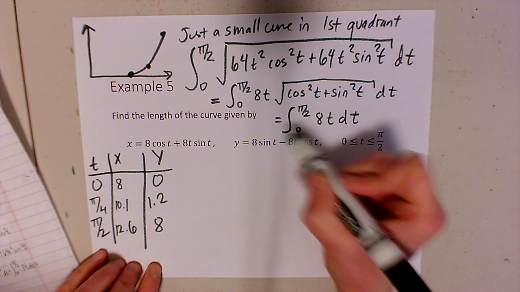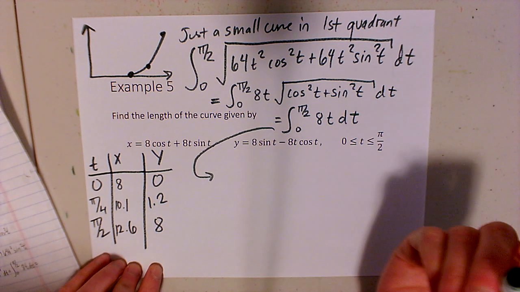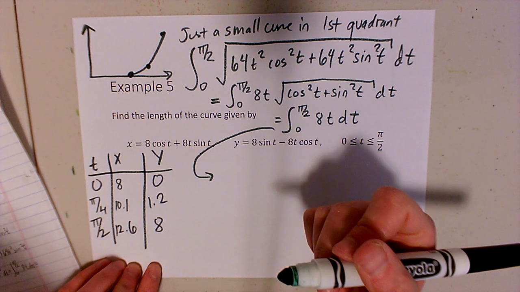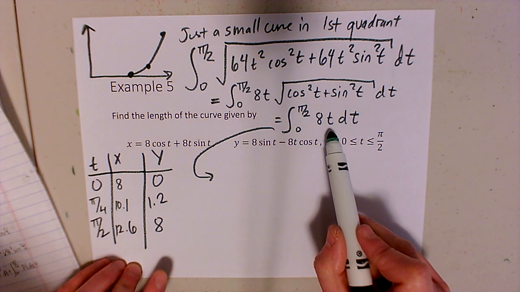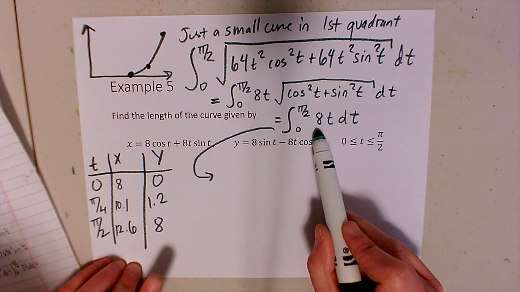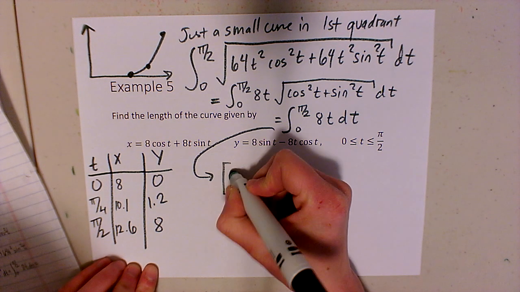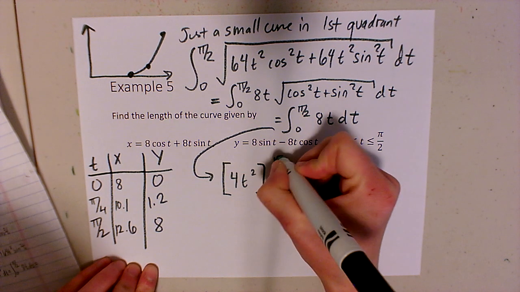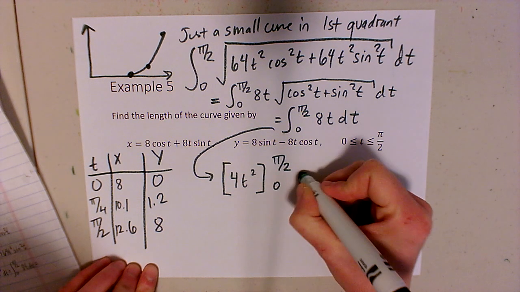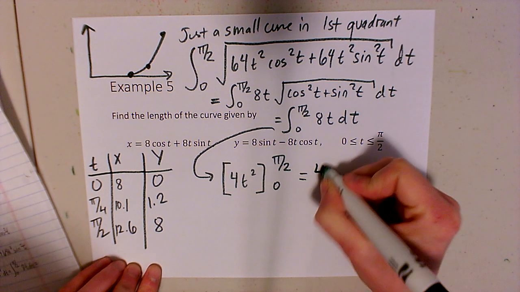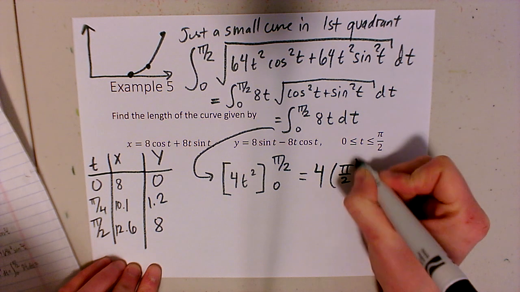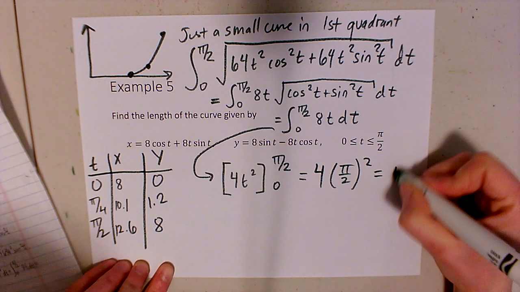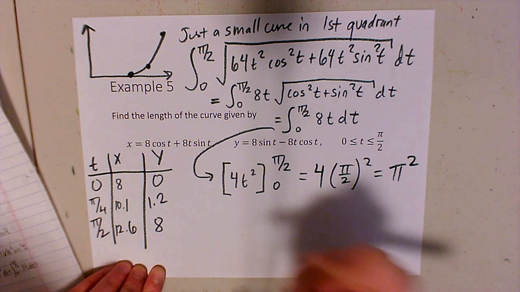And so this antiderivative is going to be, let's see, antiderivative of t is going to be t squared over 2 multiplied by 8. So this is going to turn into 4t squared evaluated from 0 to pi over 2, which is just going to turn into 4 times pi over 2, the whole thing squared, which is just going to simplify to pi squared.